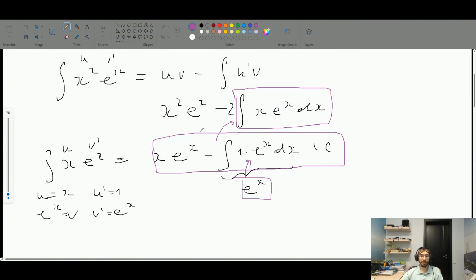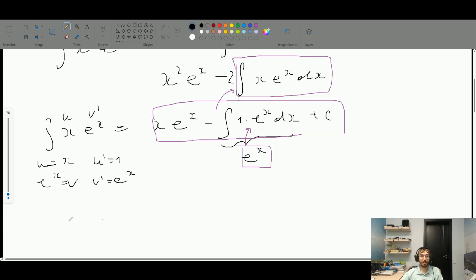So solving it like a Russian matryoshka, we can arrive at the result. There is no more integration needed. We can just write it down that the final integral is e squared e to the power x minus 2, then in brackets x e to the power x minus e to the power x, and then plus c, bracket closed.